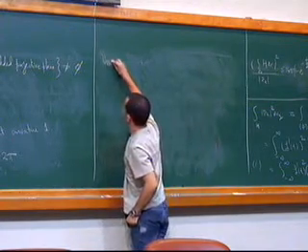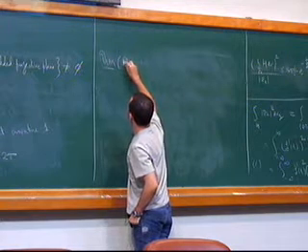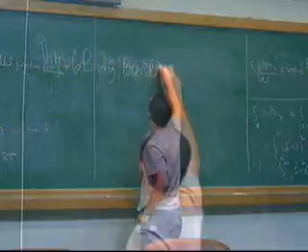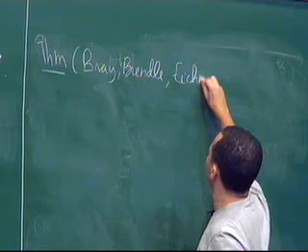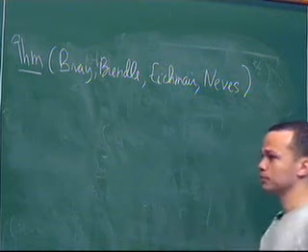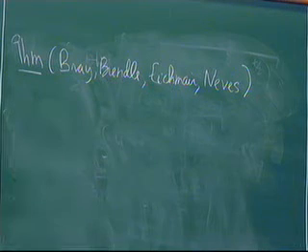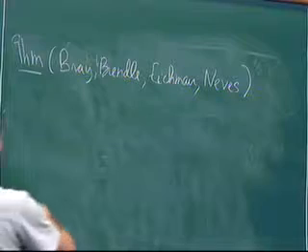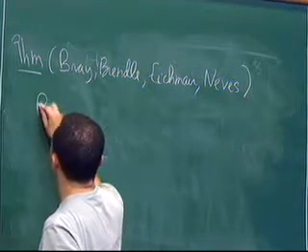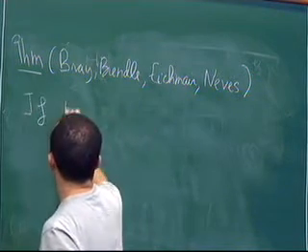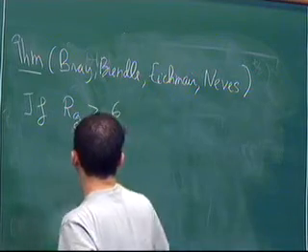The theorem is due to four people: Bray, Brendle, Eichmair, and Neves. Suppose you have a compact Riemannian manifold which admits embedded projective planes, and suppose that the scalar curvature of g is at least 6.